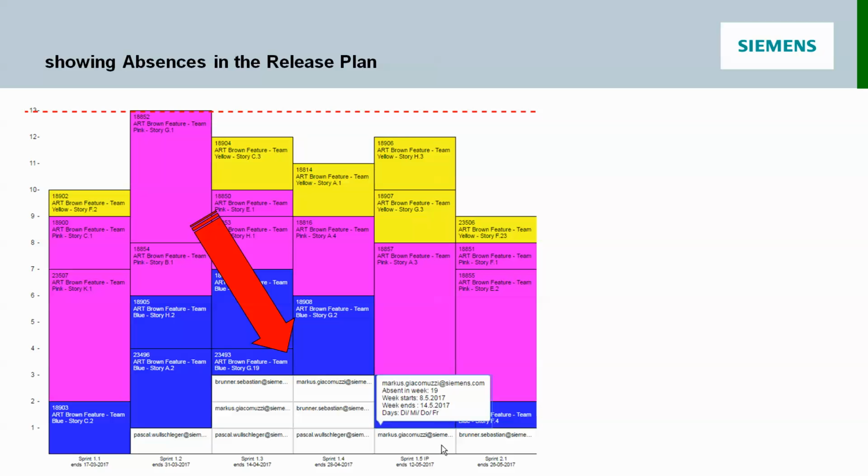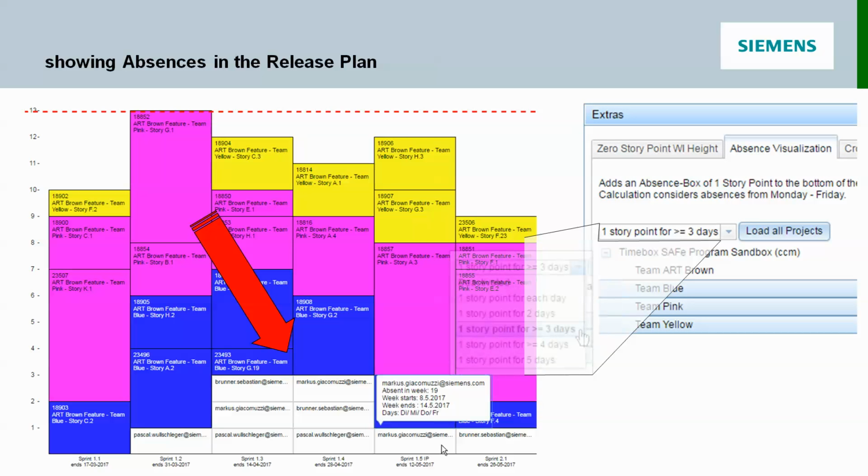If we go now back to the widget, you have the possibility to visualize the absences as story points. And you just click on this box and you get the information when this team member is absent, which days of the week, from when to when, in which week number, and so on. And it's up to you to define how days are represented in story points.